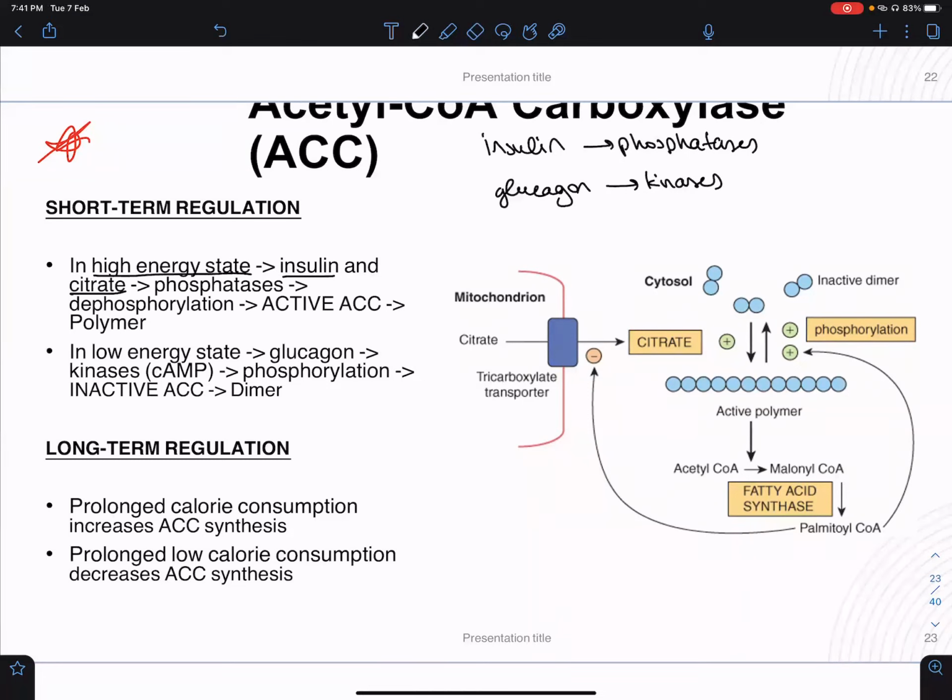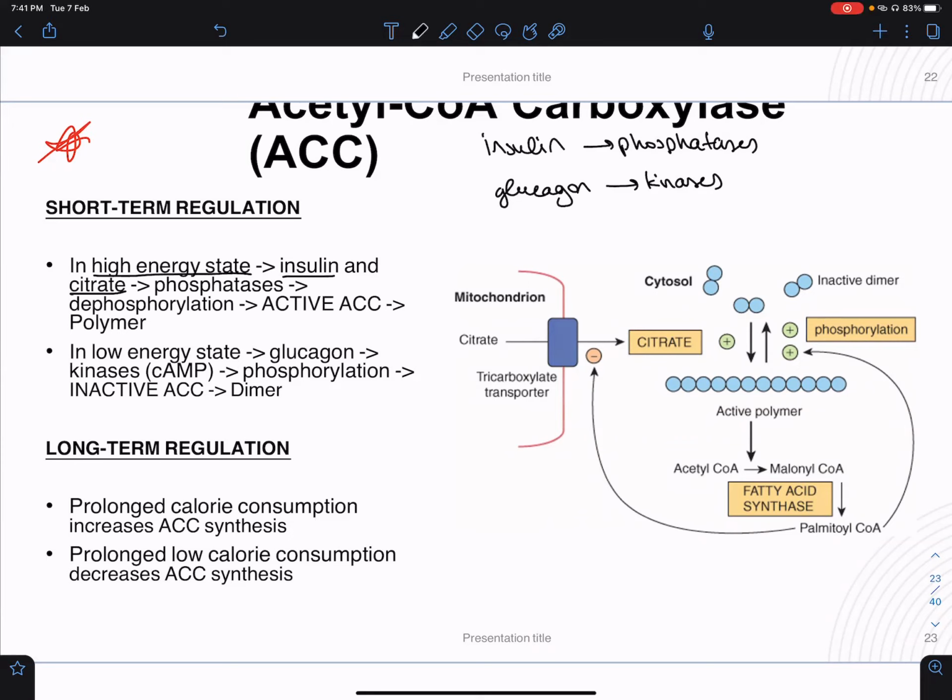So insulin always activates phosphatases, which means it's always dephosphorylating something. Just by knowing this, you would be able to answer so many questions without even knowing the topic. If something is active with the presence of insulin, it means it's active when it's dephosphorylated. Do you get this concept?